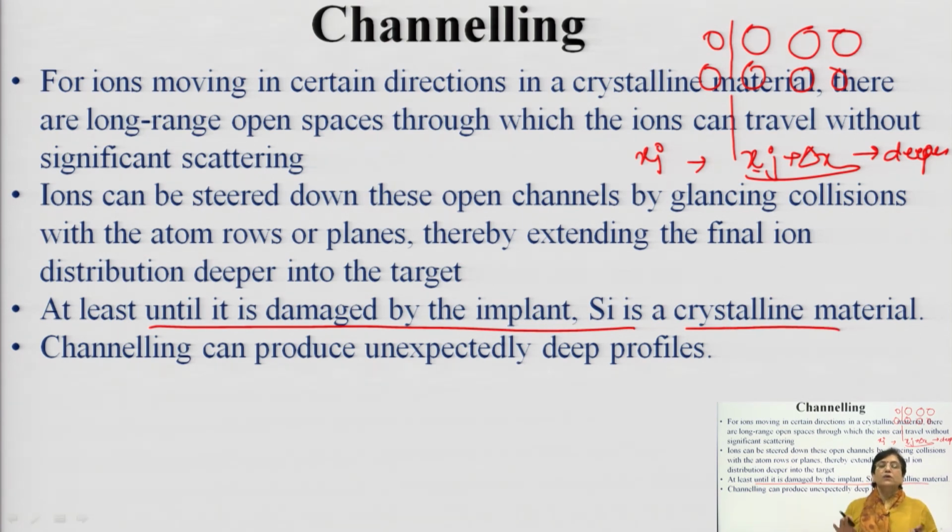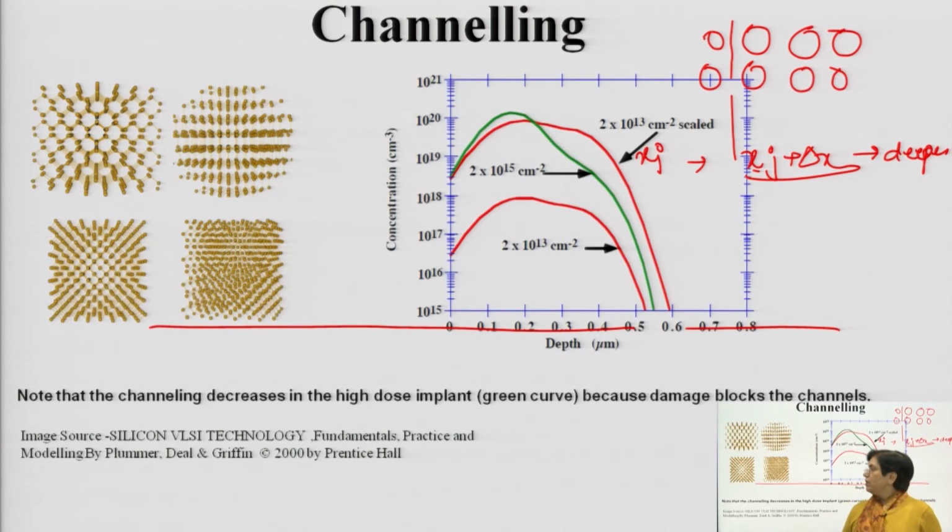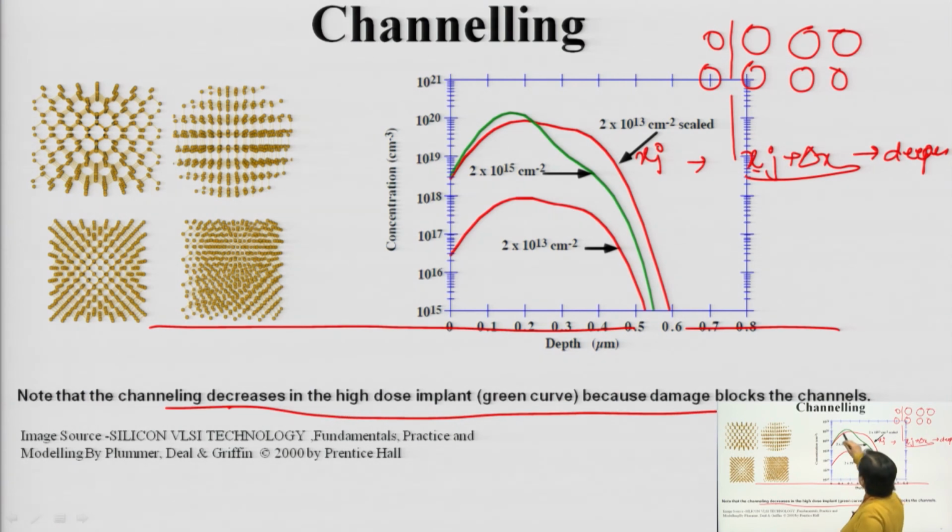So, with channeling, when there are channels available, much higher implantation depth can be attained than whatever implant depth you want. This is basically channeling. Channeling decreases with high dose implants, this is the green curve, because the damage caused by the channeling can block further penetration of the implant.